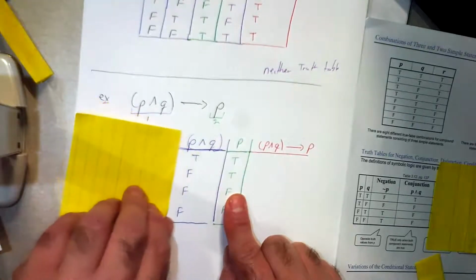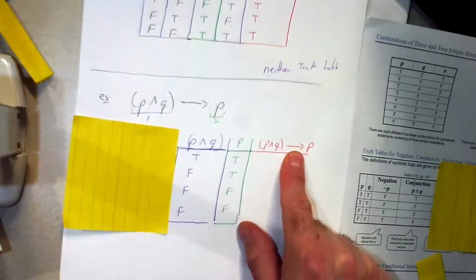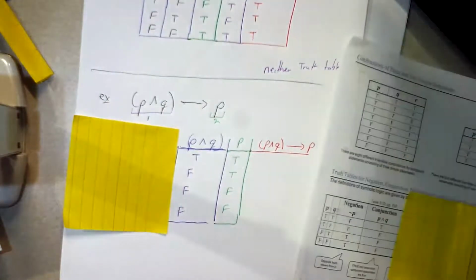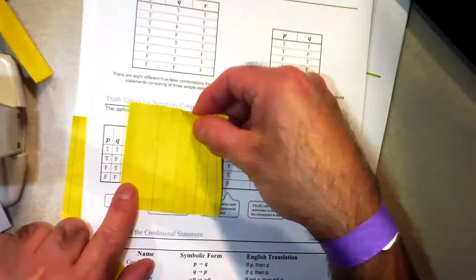All right, so let's look for the connector. I need the connector of the arrow. So let's go to our arrow, and I believe the arrow was conditional. So I need to find the column that has the arrow.